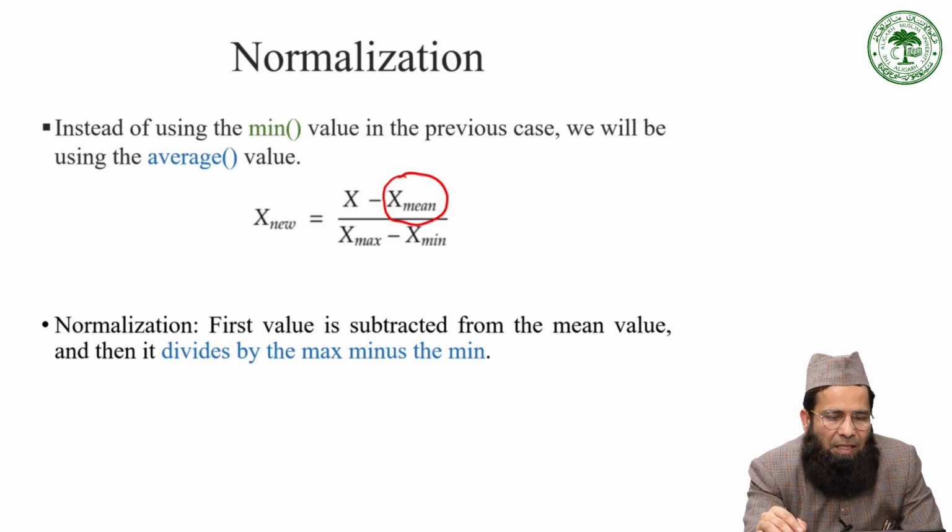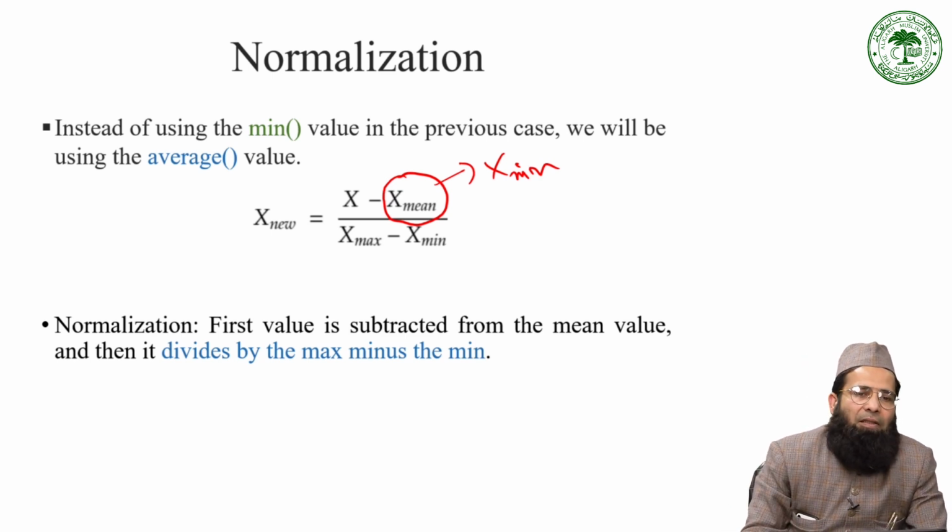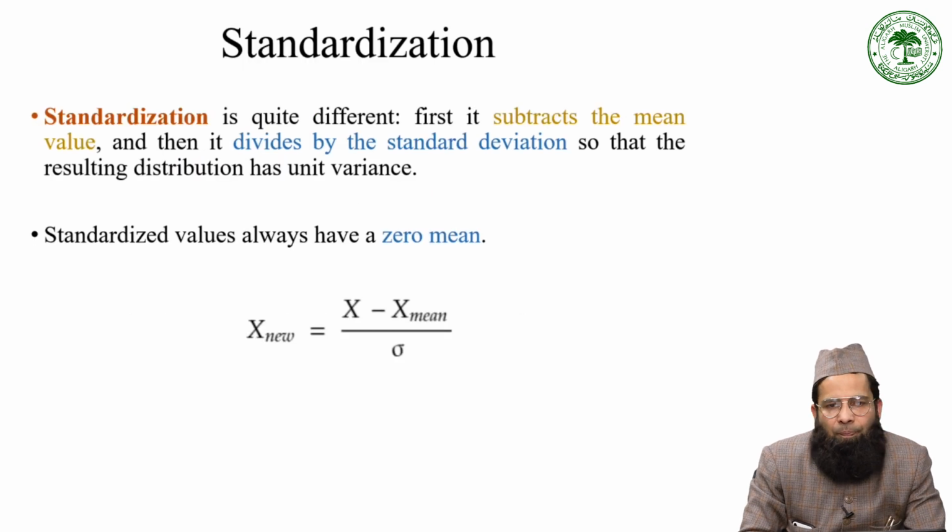In the previous min-max normalization, we had the minimum value here, so instead of the minimum, the mean value should be there. So the value is first subtracted by the mean and then divided by the maximum minus the mean.